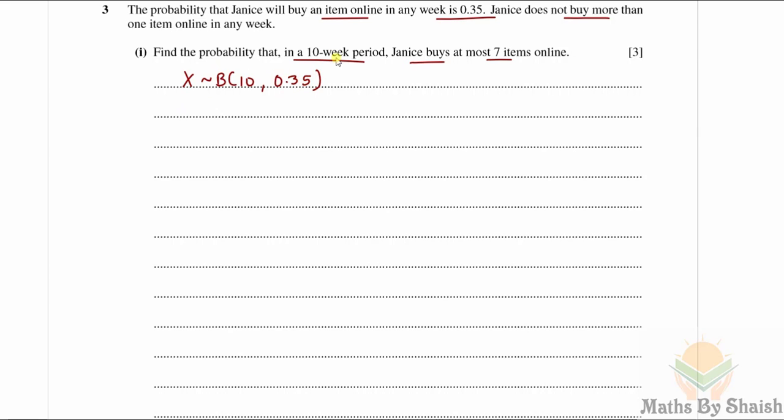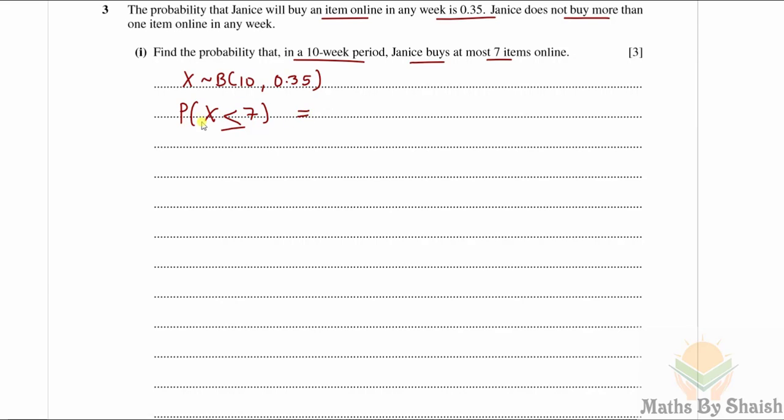0.35. Now in the probability form, we can write the probability of X at most 7, meaning not more than 7. So it is less than or equal to 7.